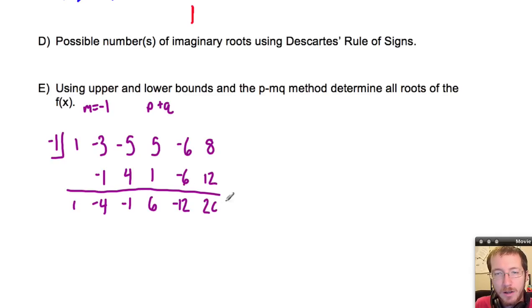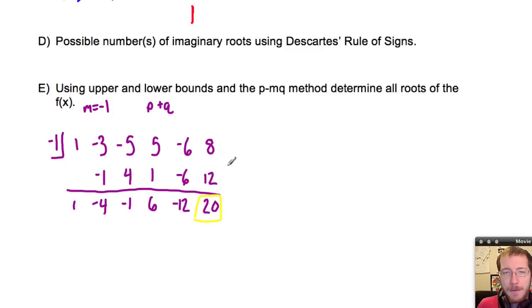So we get 20 as our f of m, f of -1. So this is the number we're looking for factors of when we do p plus q. So in order to do p plus q, we've got to have our p's and q's.